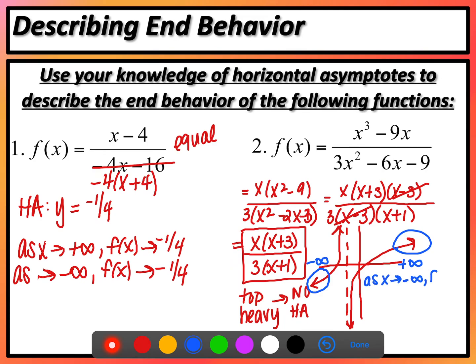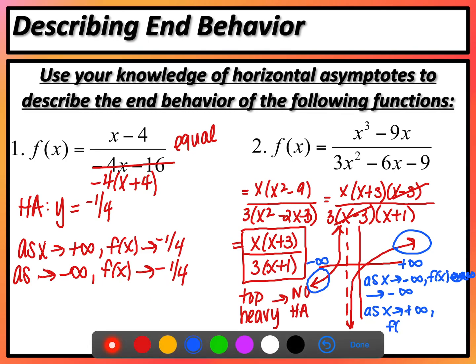Alright, so we're looking at as x goes to negative infinity, f of x, this arrow appears to be going down. It's a little squished there. Alright, so that's approaching negative infinity.